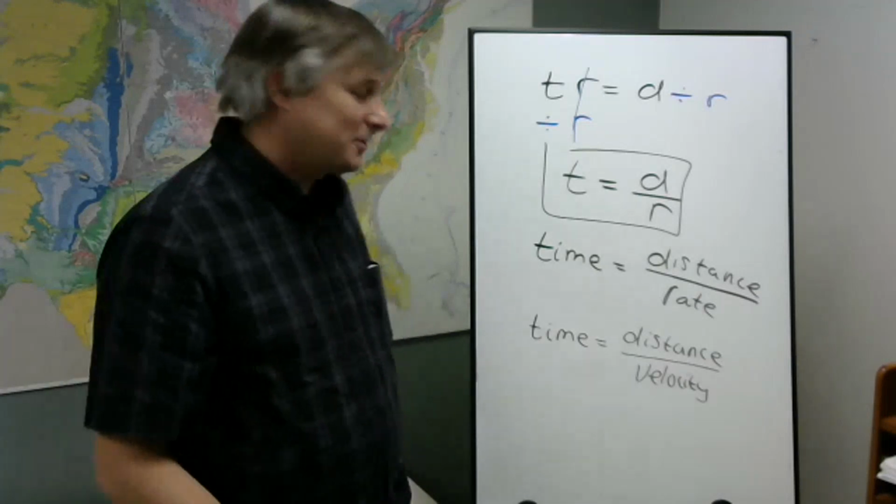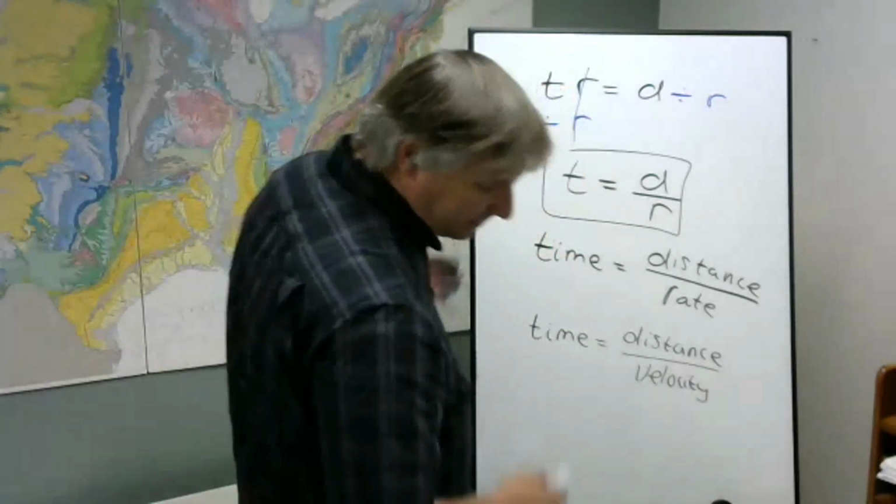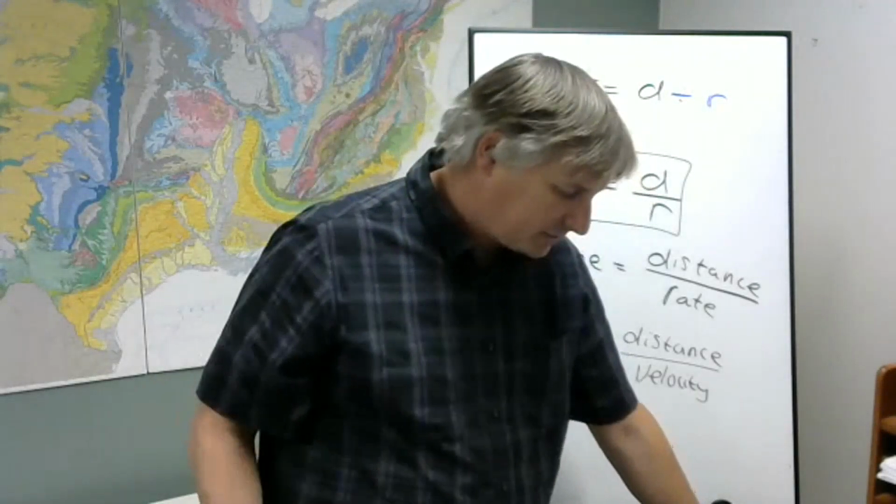So let's take a look at a question. Let's say we have a passenger train, and it can travel 240 miles in the same amount of time it takes for a freight train to travel 160 miles.